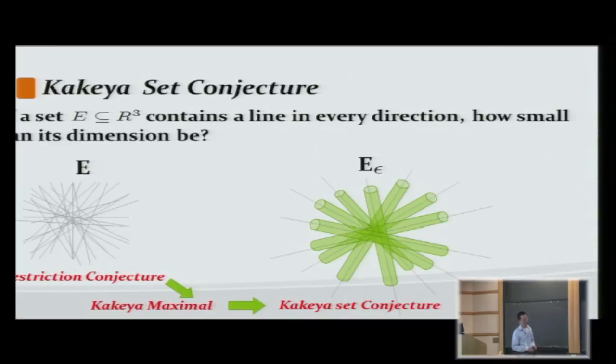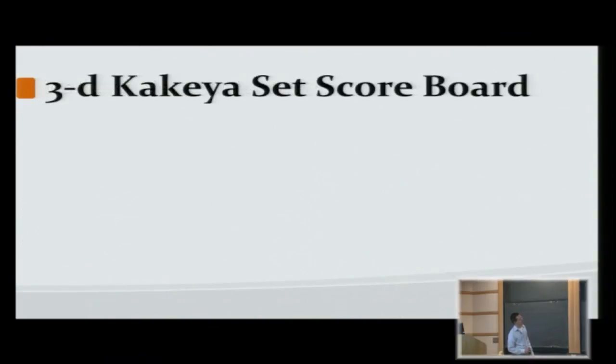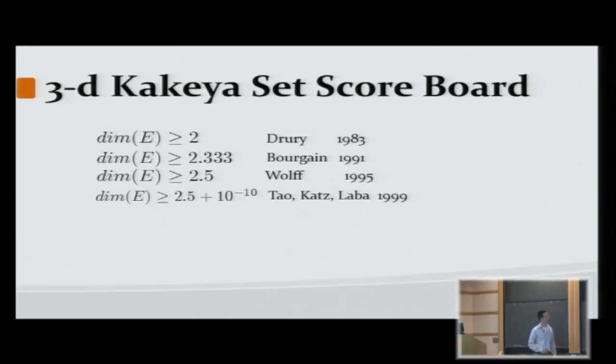I don't think you're past 2.5. Right, and so there's some progress on Kakeya, and 2.5 is what Wolff had in 1995, and you're trying to get to 3.